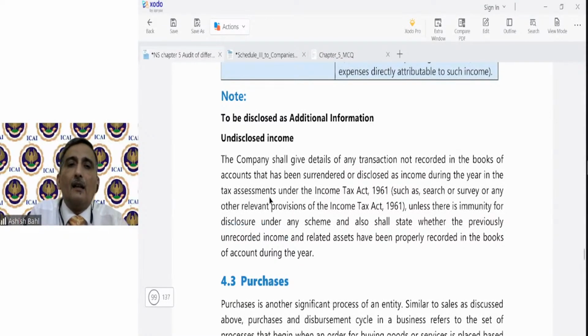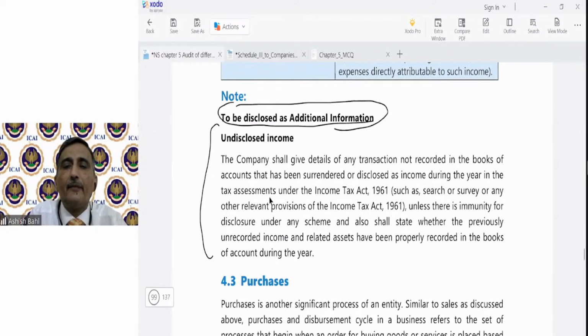Another point, Schedule 3 also requires you to disclose this as additional information. Students, it may so happen that some income tax survey is carried out at the premises of a company, or a search is conducted under the provisions of the Income Tax Act.